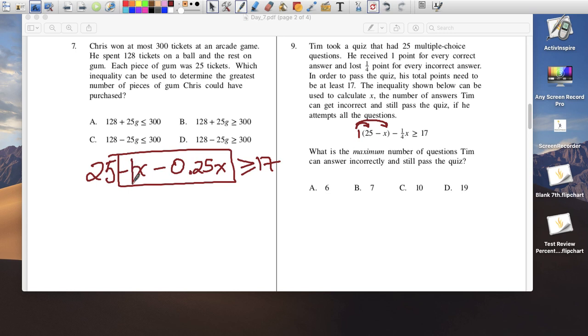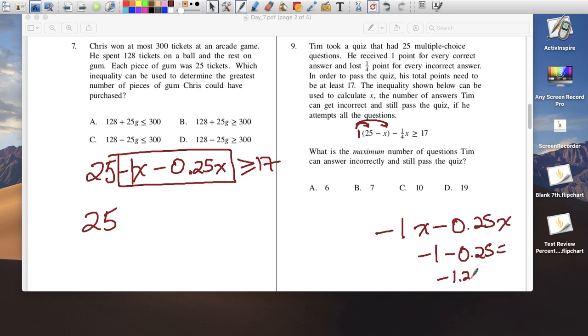Let me put a 1 over here. So 25, and let me put that aside. It looks like this: 1x minus 0.25x. So if you forget the x for a second, this means 1 minus 0.25. You can do that in your calculator, and that gets you 0.75, and let's put the x back. So minus 1.25x greater than 17.